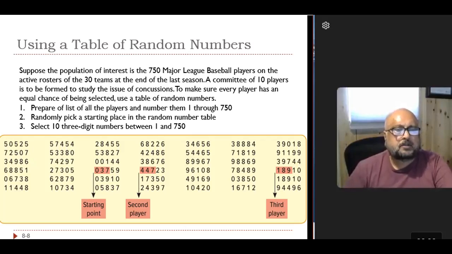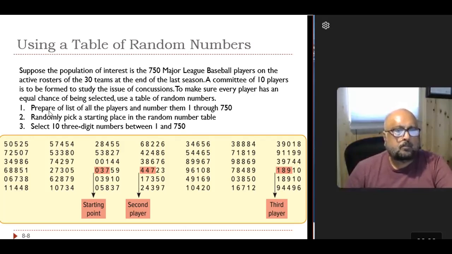So this is a sample table of random numbers. Okay, so we have a total of 750 Major League Baseball players. That's the population. A committee of 10 players is to be formed, to make sure every player has an equal chance of being selected. Use a table of random numbers.